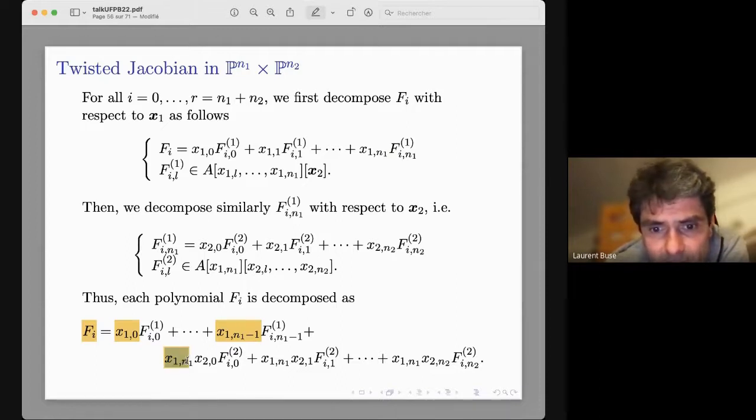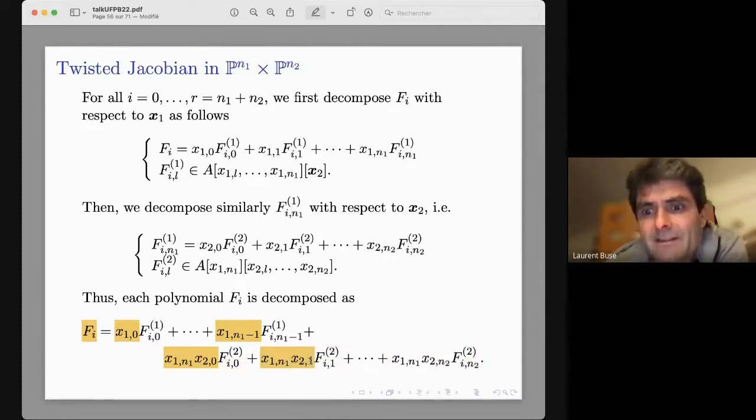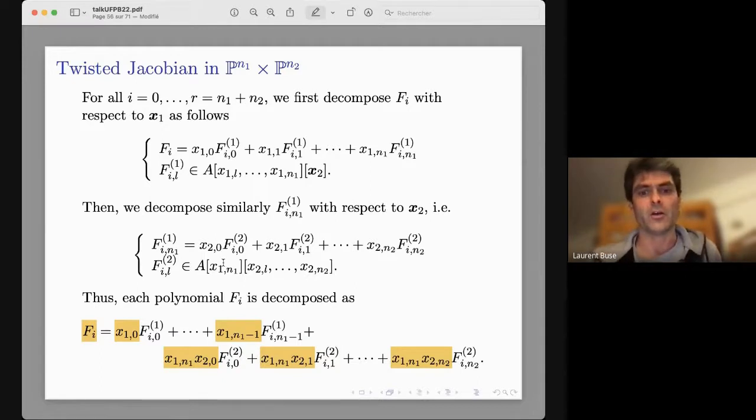So you see that the coefficients are now always multiplied by x1,n1 x2,0, x1,n1 x2,1, and x1,n1 x2,n2. I hope this is clear how we do this decomposition. We first decompose with respect to the first P^n1. We take the last component and we decompose it with respect to the second projective space. And in the end, we get a decomposition like this.